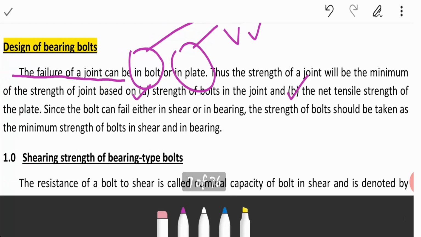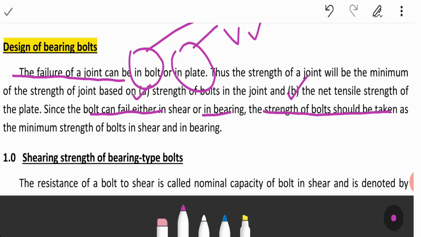Since the bolt can fail either in shear or in bearing, the strength of the bolt should be taken as the minimum strength of the bolt in shear and bearing. Right?